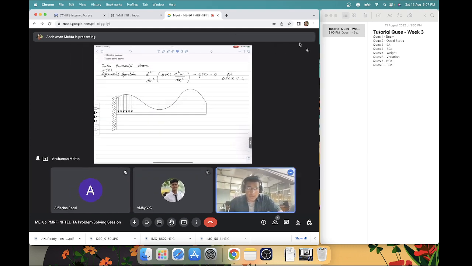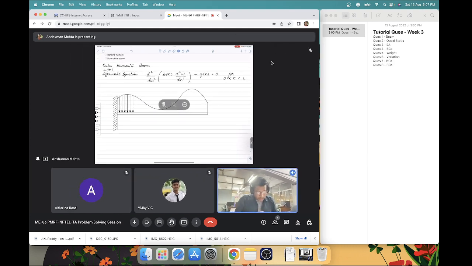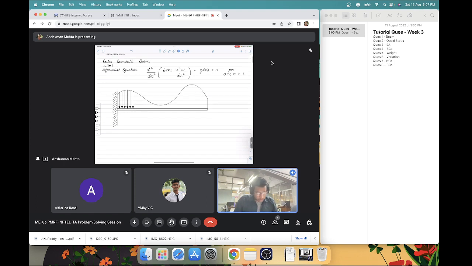Okay, I will carry on with this. So we have a Bernoulli beam. This is the governing equation, and the figure I was making.